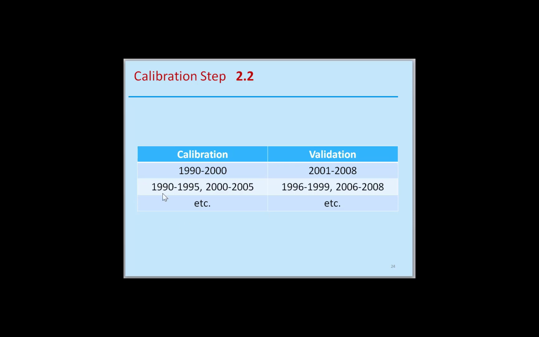You can have calibration data go from 1990 to 1995, and then from 2000 to 2005, and your validation data from 96 to 99 and from 2006 to 2008. That way you have more flexibility to make sure that your data period for calibration contains all kinds of climate situation, and that also the statistics of the calibration and the validation periods are sort of similar.